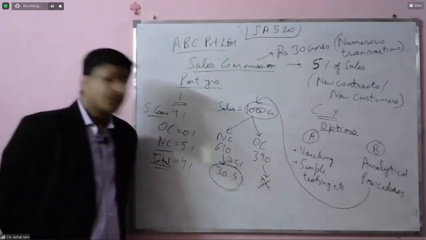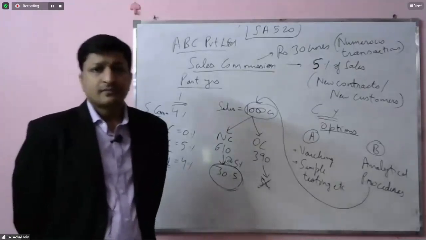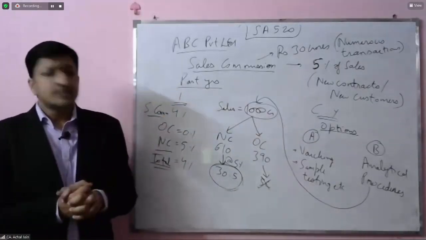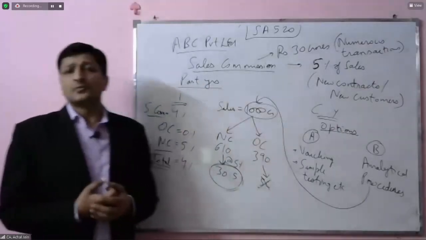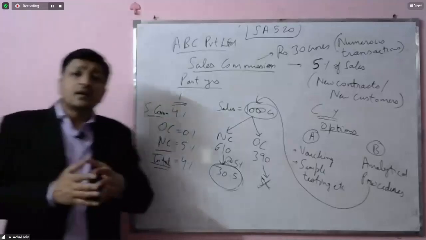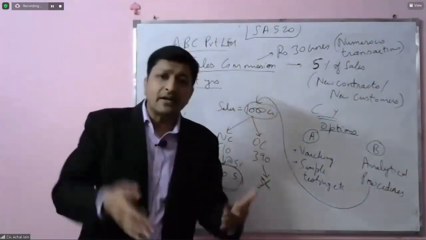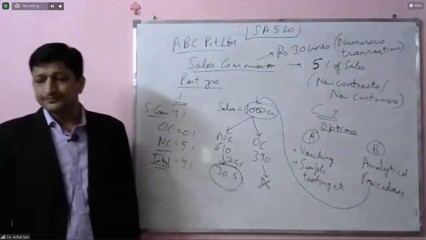Why? Because even if we look at the analytical procedure, one good thing in case of analytical procedure is that now by performing this analytical procedure, auditor is getting comfort over the complete population in a better manner as compared to this procedure. There's no doubt about it.